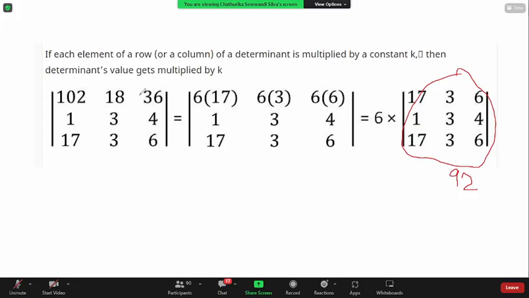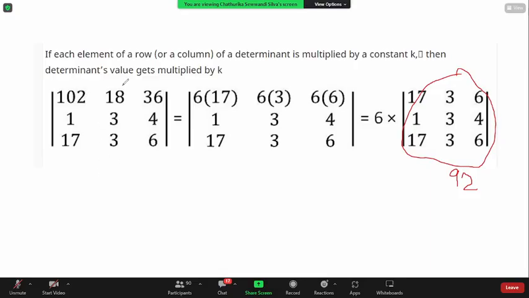Whenever you face this sort of situation, closely observe the first row and try whether you can get some factor out. Check whether a factor can be taken out of the given row.